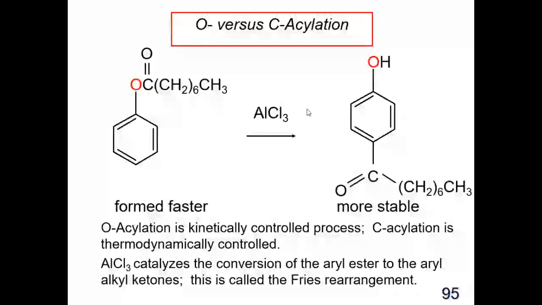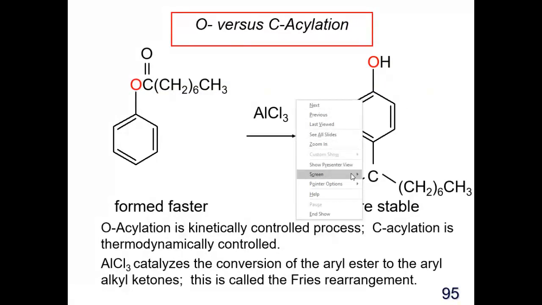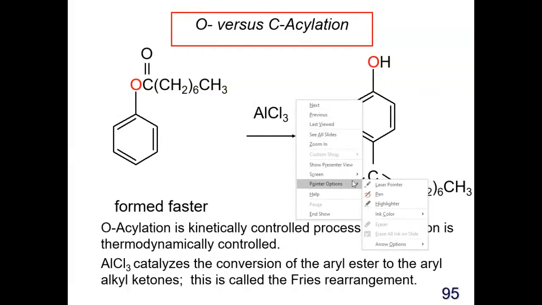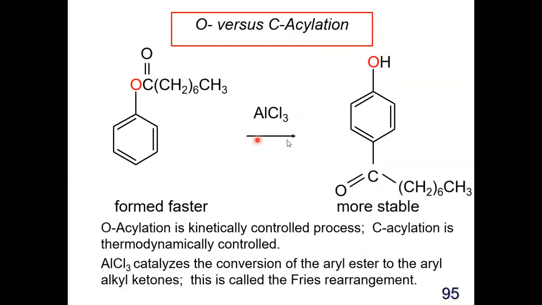Called Fries rearrangement could happen. You can think about this along two directions. One is, as we know, aluminum chloride is a very powerful Friedel-Crafts acylation catalyst. A catalyst can speed up a reaction.